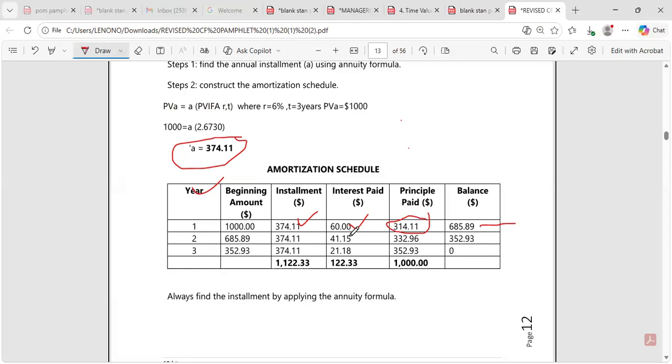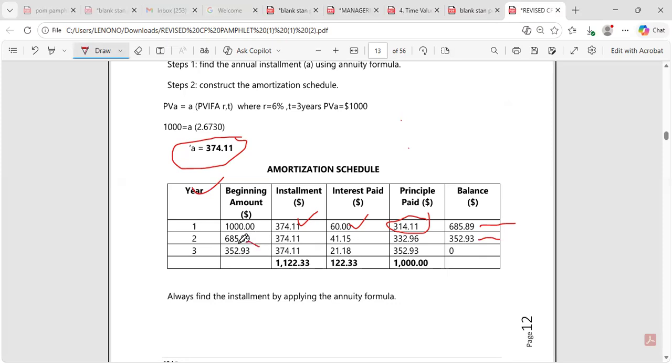So the balance is 685.89 minus the principal paid, and we have 352.93.